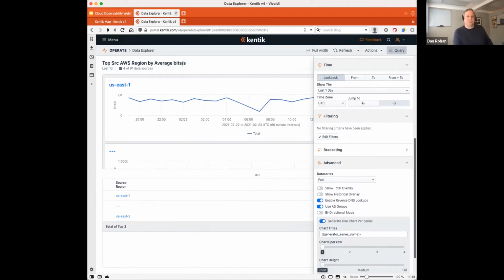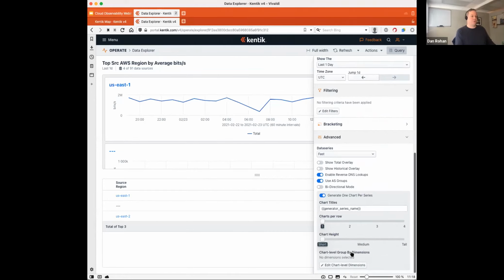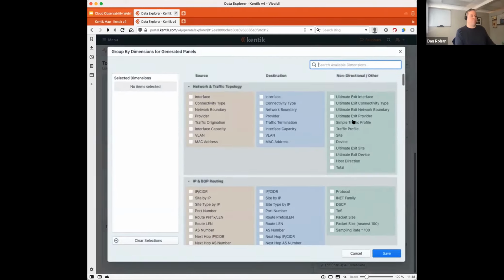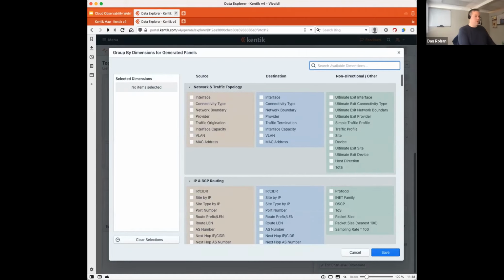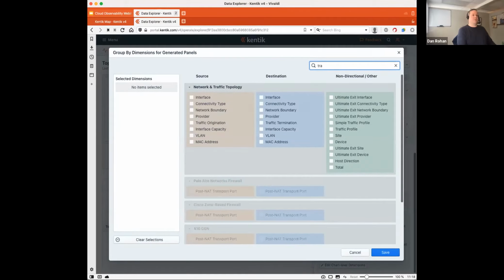And so what this feature does is it enumerates each of the values it gets from the main query, in this case region, and builds out an instant dashboard by running a separate query for each region that it finds from that initial dimension. So for this dashboard, I want to choose traffic profile so we can get that same view, but across each region.